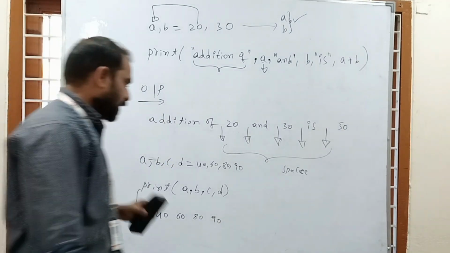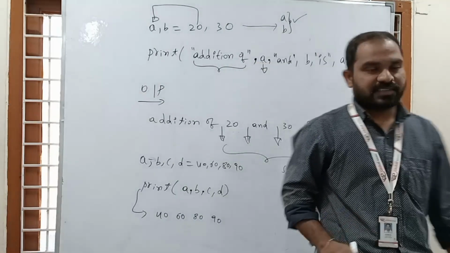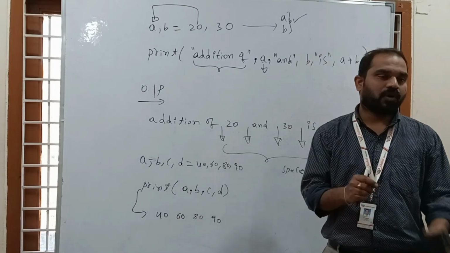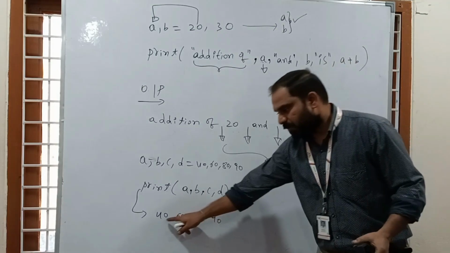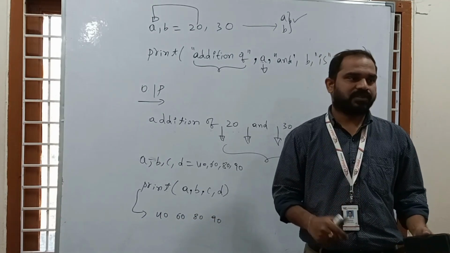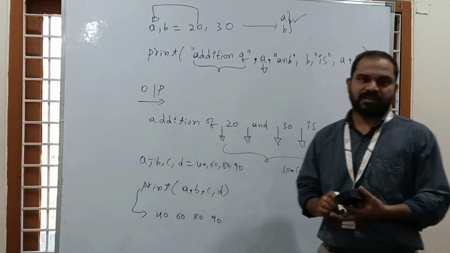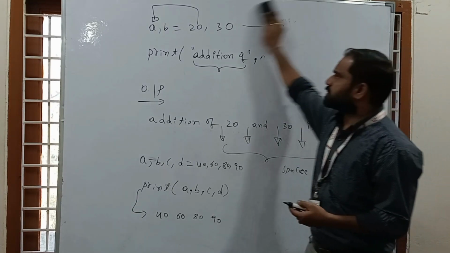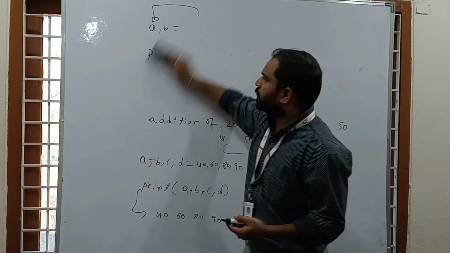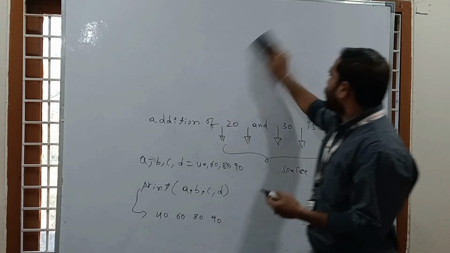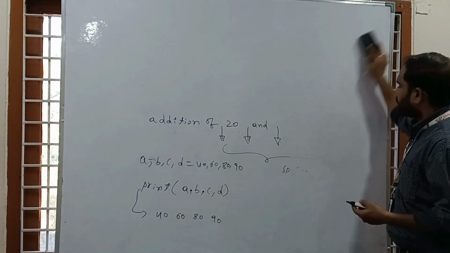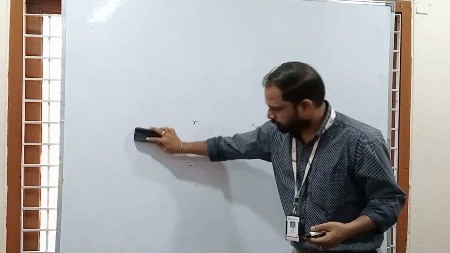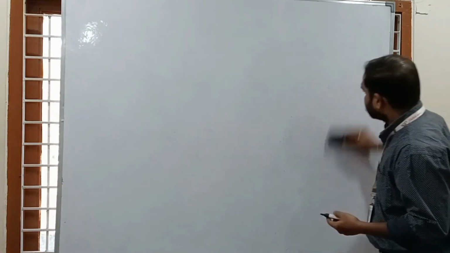Okay. But instead of space, I want to get a comma. I want to keep a comma in between two values, or in between two variables, right? So how to do that? There is one special parameter, we can call it the separator.